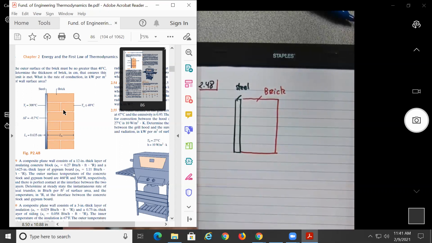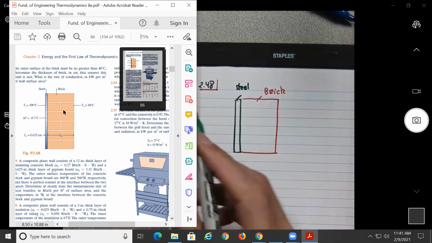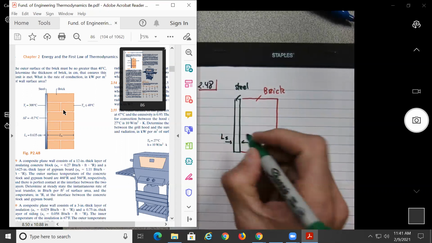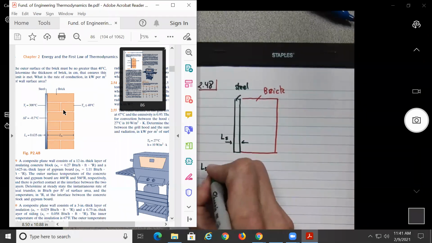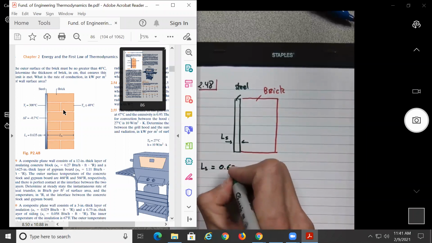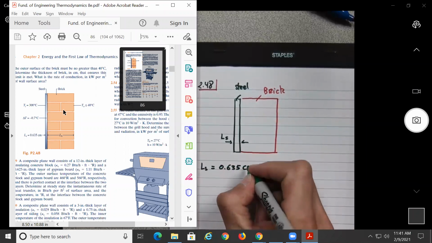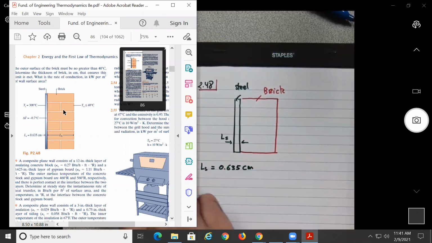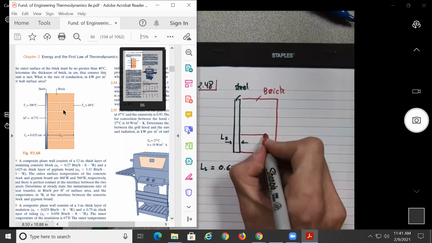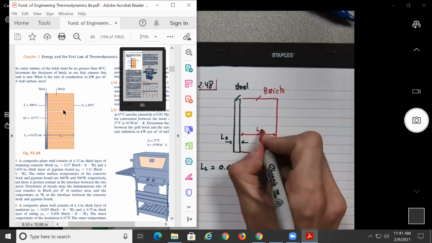We know the thickness of the brick. No, L steel, sorry. So let's say this is L steel, is 0.635 centimeters. This is the thickness of the brick, L B.